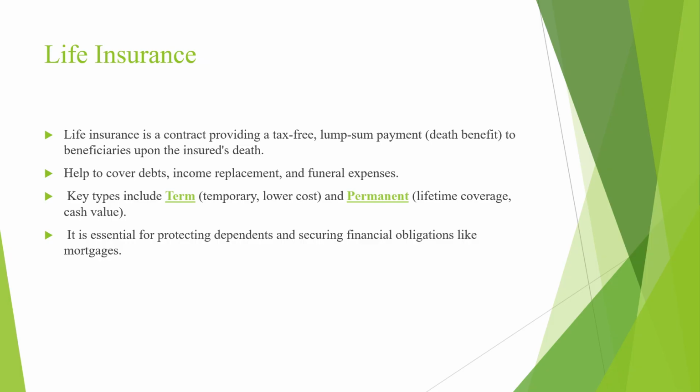It's essential for protecting dependents and securing financial obligations like a mortgage. That is the reason we want life insurance: if we have a mortgage and something happens to us, we can pay off our mortgage from that coverage amount. So that's why we need life insurance.